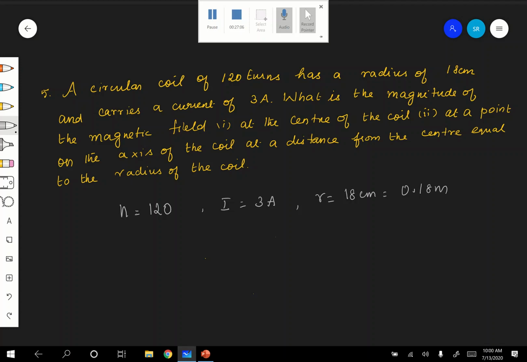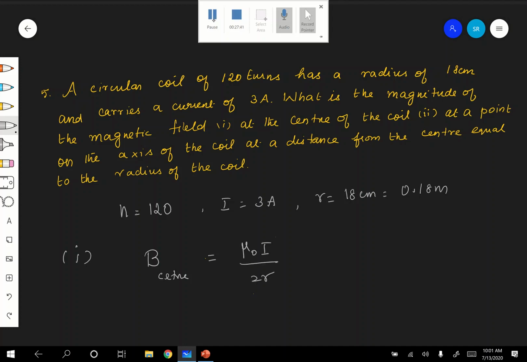Okay, right. Now, these are all the things given. What is the magnitude of the magnetic field at the center of the coil? That is the first one. Magnitude at the center of the coil. Therefore, B at the center, very simple, is equal to the direct formula, mu naught I by 2r.